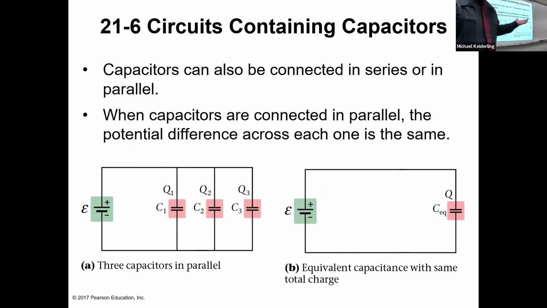Capacitors, as well as resistors, can also be connected in series and in parallel, and have slightly different but similar situations. When capacitors are connected in parallel, the potential difference across each capacitor is the same.